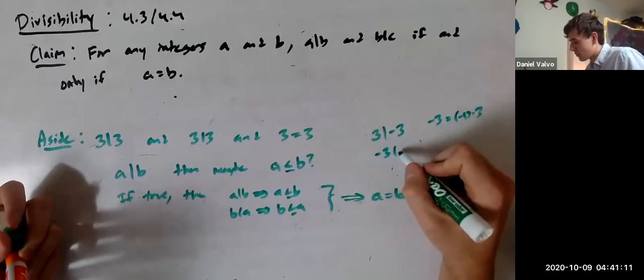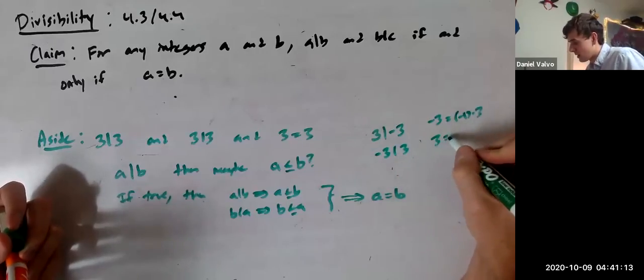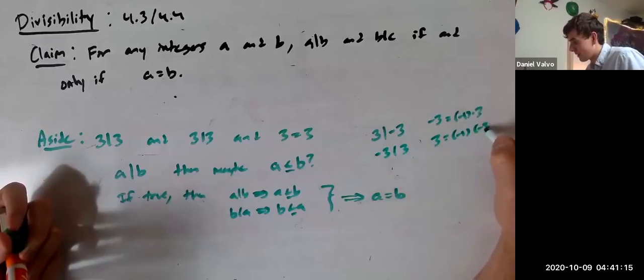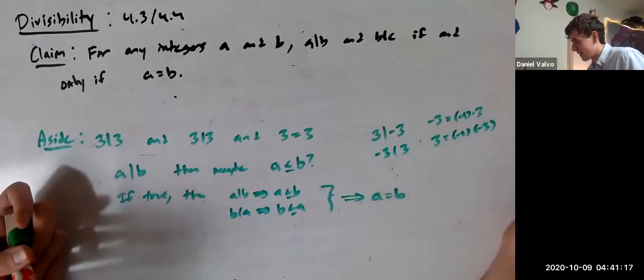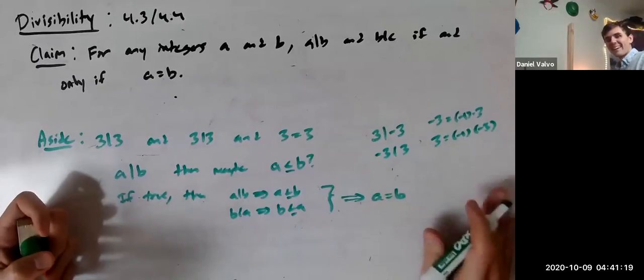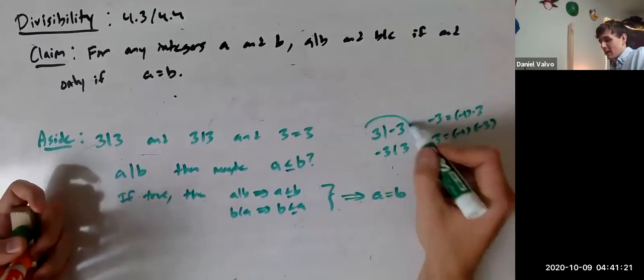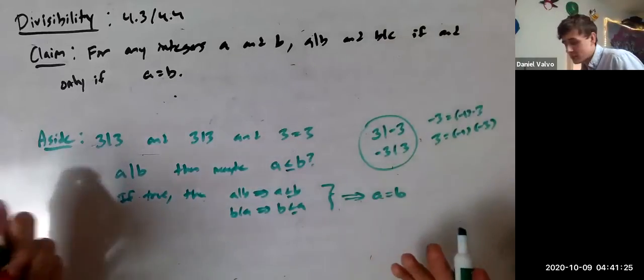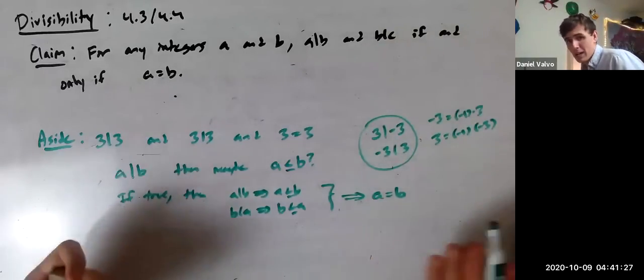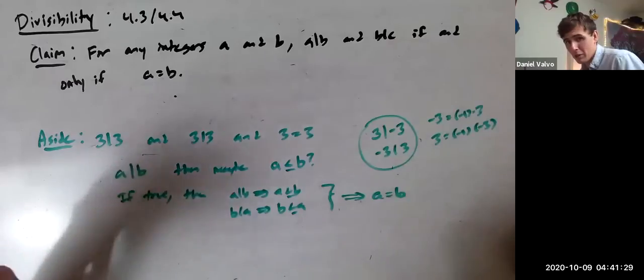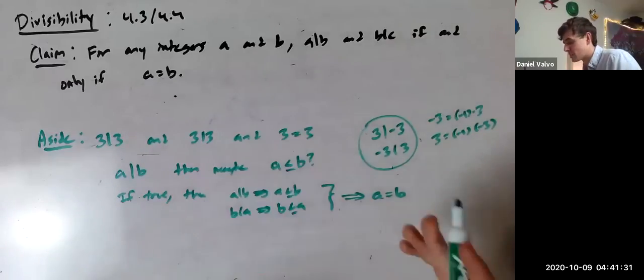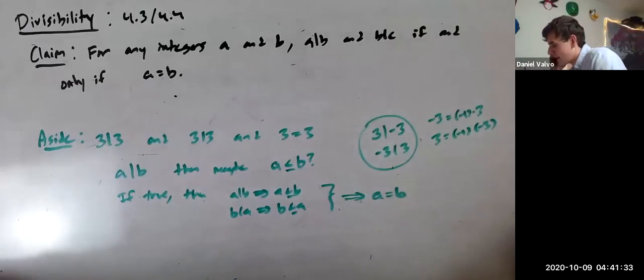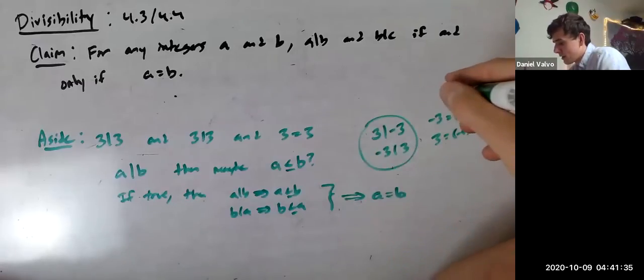But also -3 divides 3, since 3 equals -1 times -3. So this is our counterexample, right? This just shows that there is an A and B, 3 and -3, for example, or you could use any two opposite integers like this, and A will divide B.